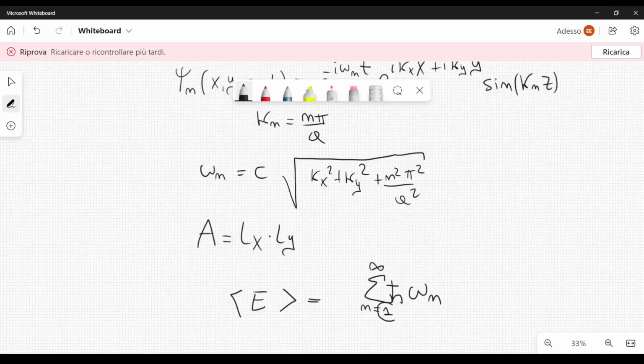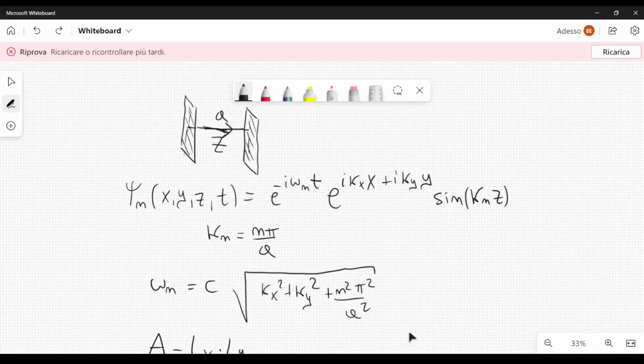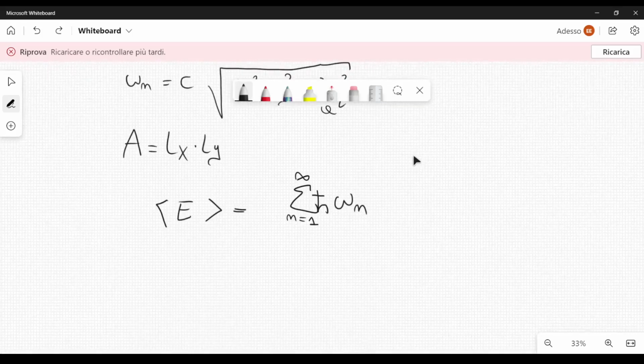We are going to start at 1 here simply because, in principle you can start at 0, but you can see that if you set n equal to 0, you get kn equal to 0, and therefore the sine will be 0 and psi 0 will be 0. So that would not be an interesting function. Psi equal to 0, that's a trivial result. We are going to consider the non-zero waves. So we are going to start at n equal to 1.